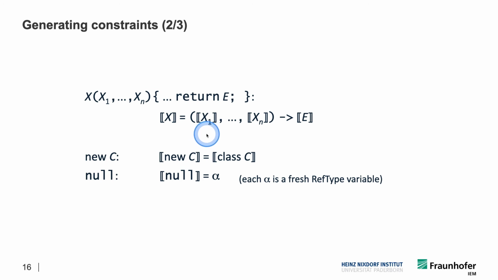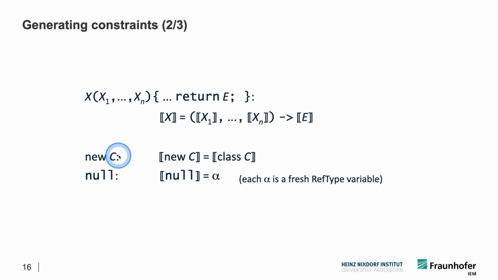So for instance, the first parameter that is given here to this procedure call must be of this type x1, and the last one must be of this type xn. And then if this expression is denoted here by e, then this will have the type of e, so that's basically the return type of that. And that's then the entire type of that particular procedure here. Okay.